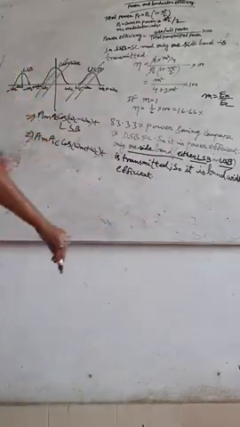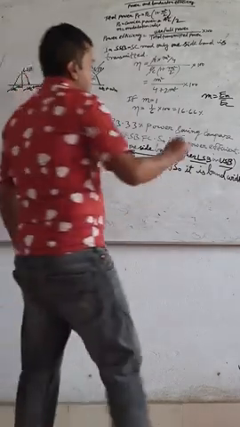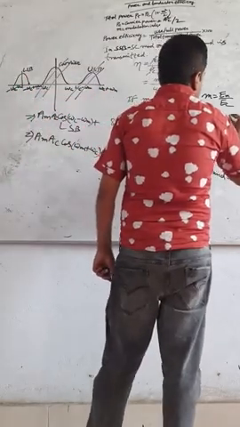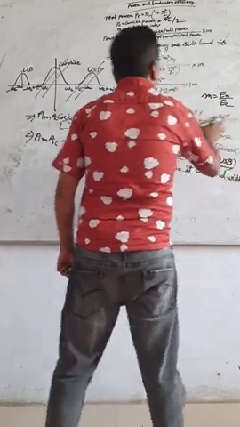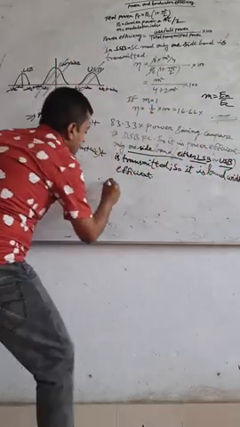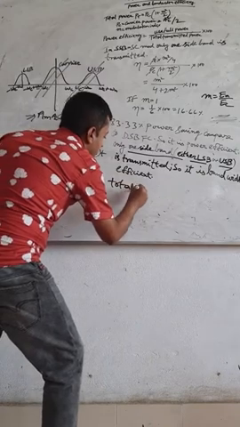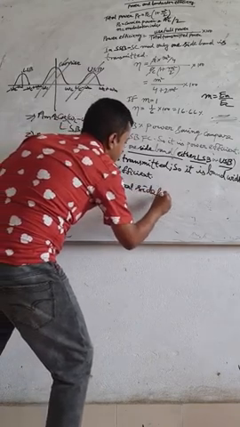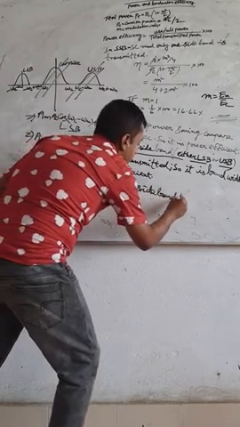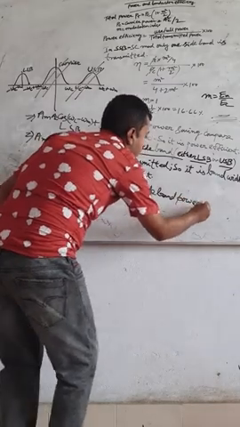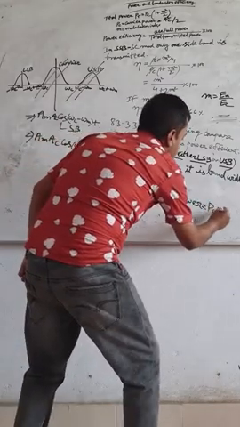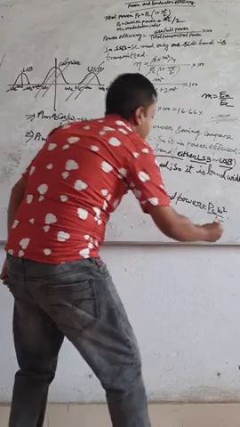Our total sideband power is PC into m square by 2.